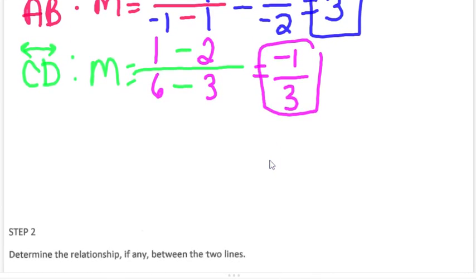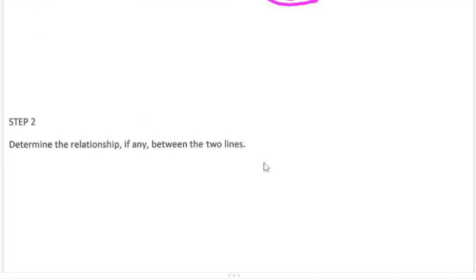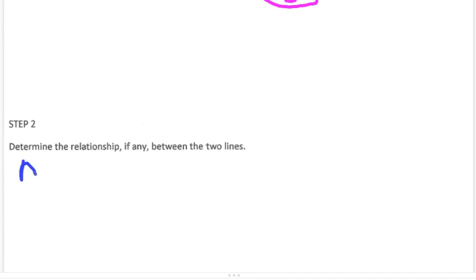All right, so let's determine the relationship, if any, between these two lines. We have a slope of 3 and a slope of negative 1 over 3. You might be able to see that these are actually opposite reciprocals of each other.